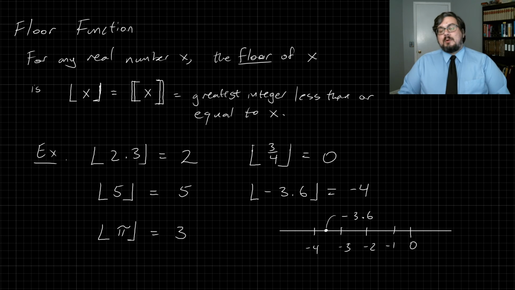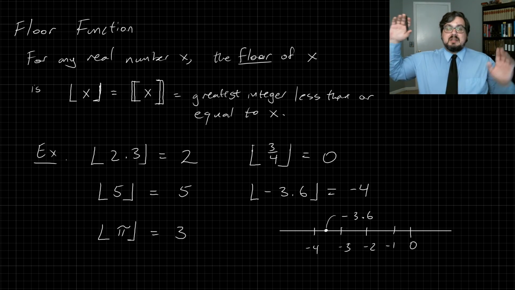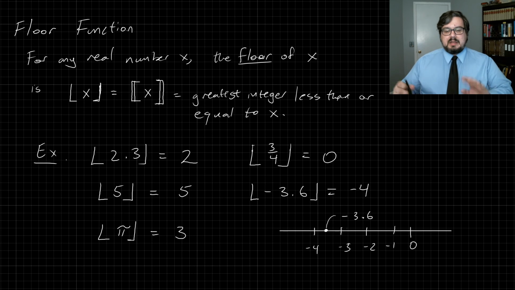Now the reason why I point that out is that it's a common mistake to think that what the floor function does is it just ignores the fractional part of the number, but that's not true. The floor function moves left on the number line until it gets to an integer.